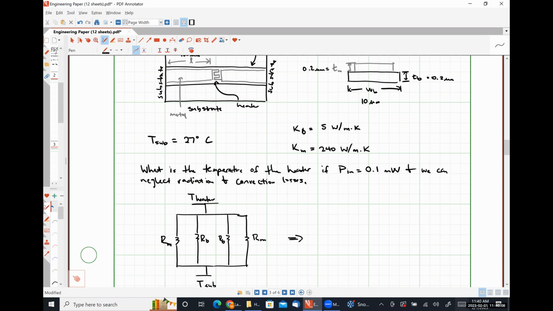So the equivalent thermal resistance is going to look like 2 over whatever the thermal resistance of the metal is, plus 2 over whatever the thermal resistance of the beam is, to the inverse power, because we can combine these thermal resistors just like electrical resistors do.